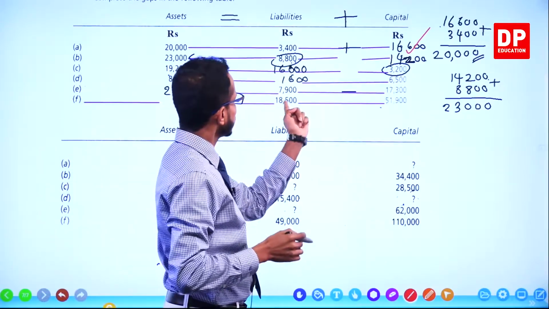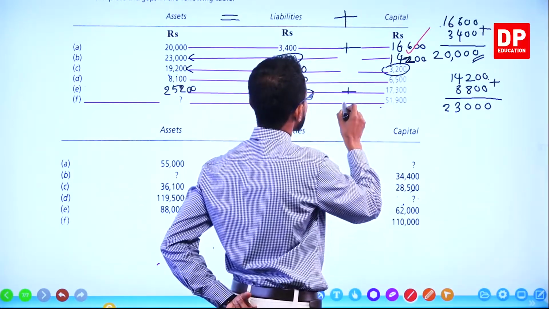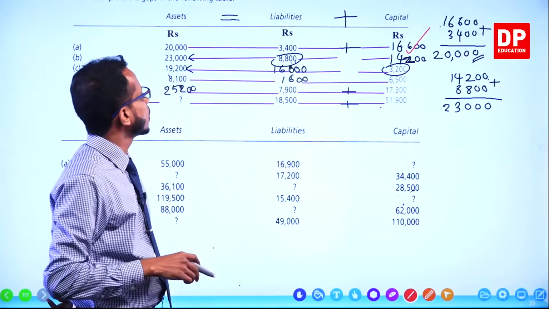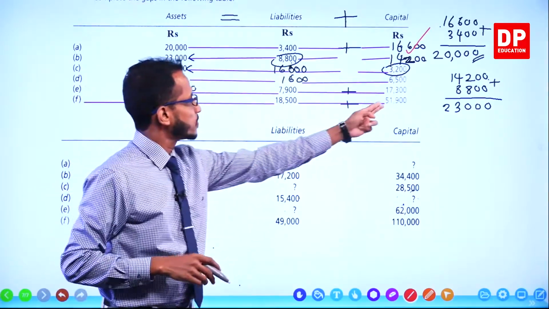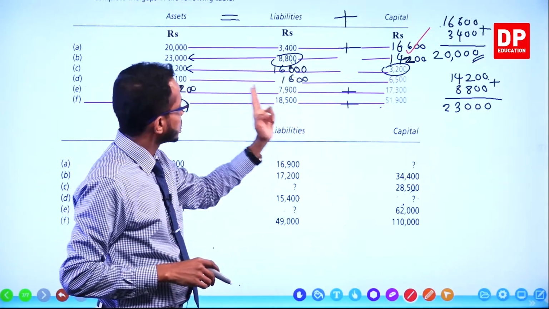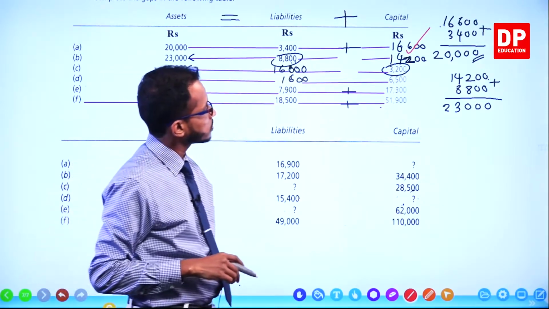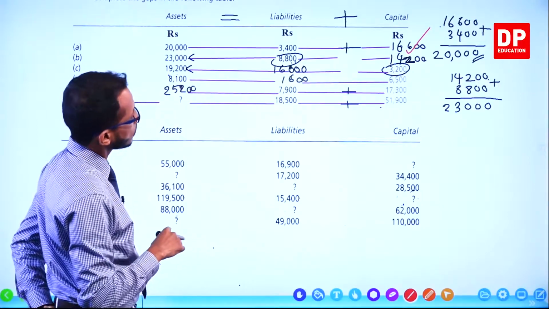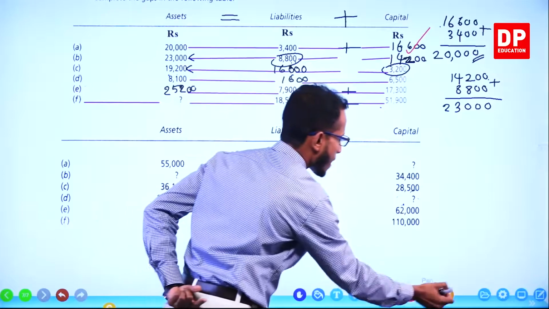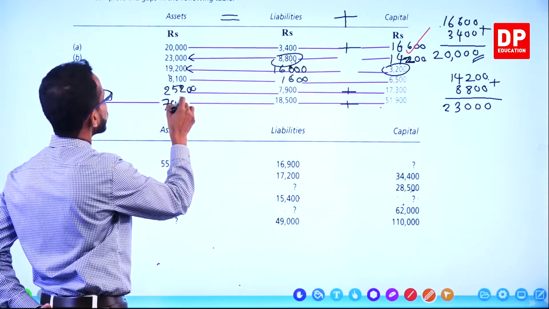So this plus this, it forms the assets. How much? 51,900 plus 18,500 is 70,400.